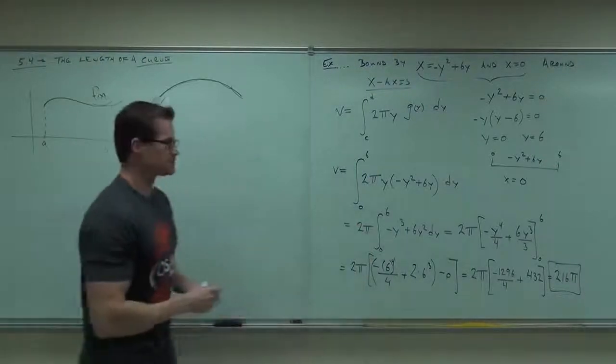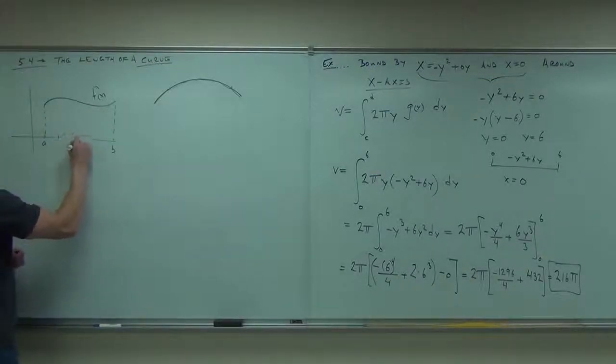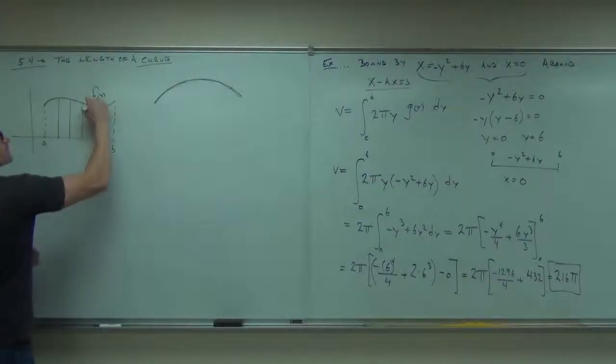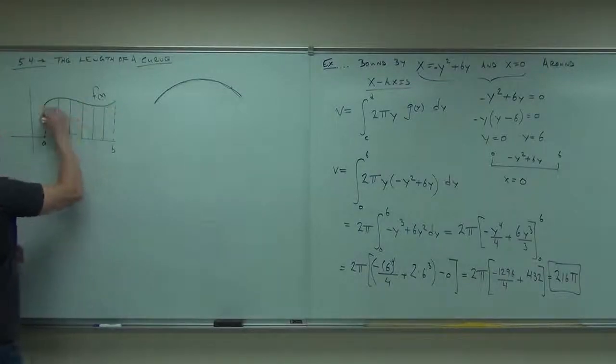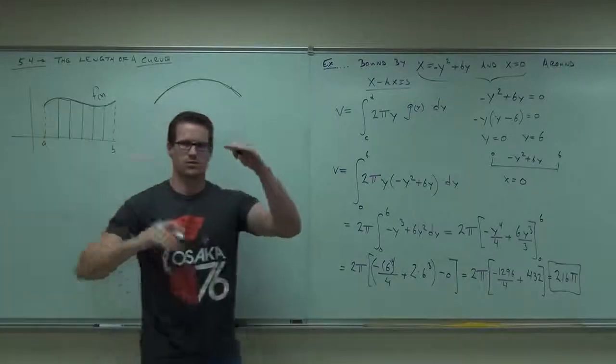So here's our idea. Let's go ahead and do the same exact thing we've been doing. Now, we don't care so much about the height. What we care about is that distance, and that distance. We're going to truncate the curve.